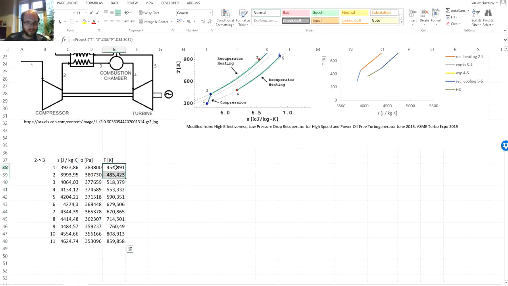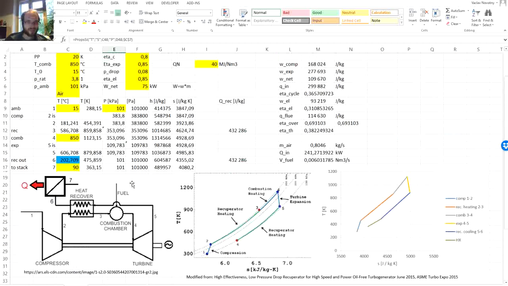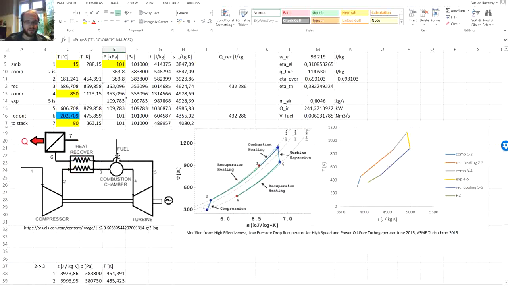And we can also see that the temperature goes from 454 to 859.